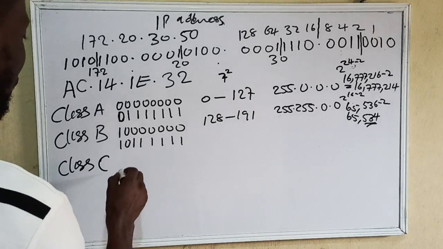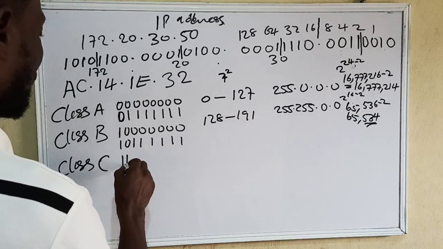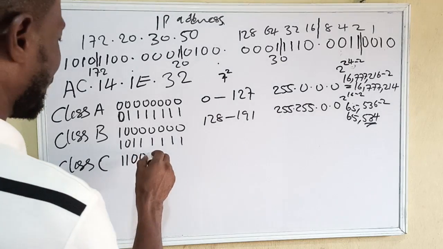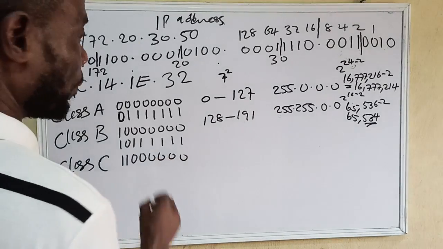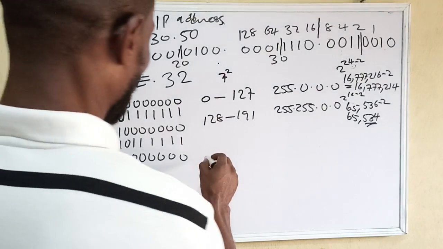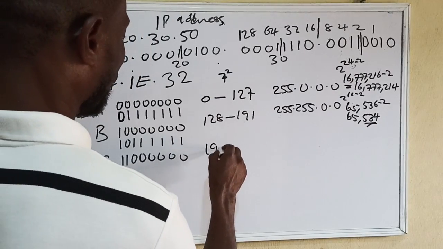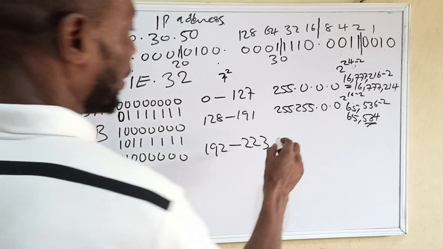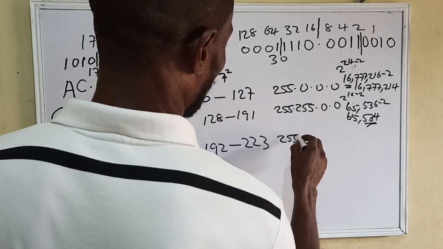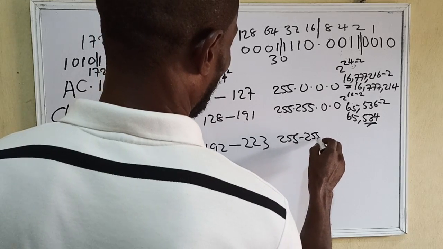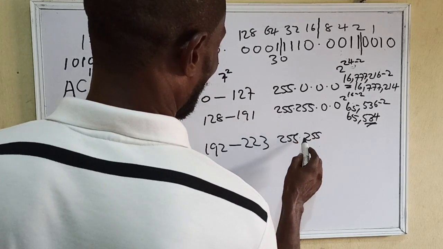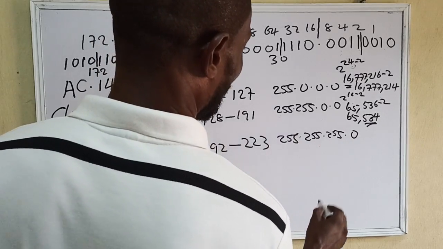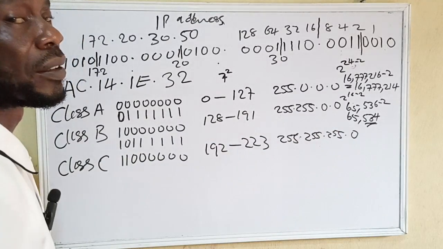Class C says that 2 bits have to be on, and others are 0, 0, 0, 0. Okay, then you get 192 to 223. And the network portion is 255.255.255.0. This is dot, sorry, it's not hyphen, dot. Remember, this is where you generate.